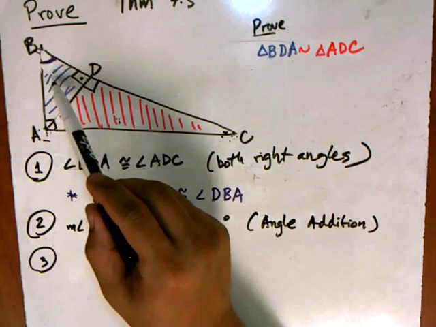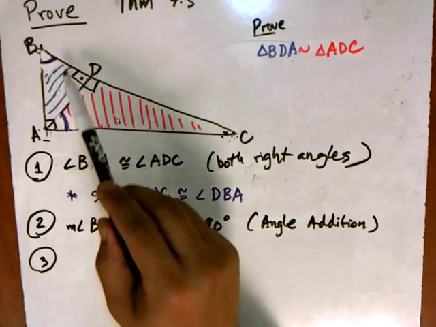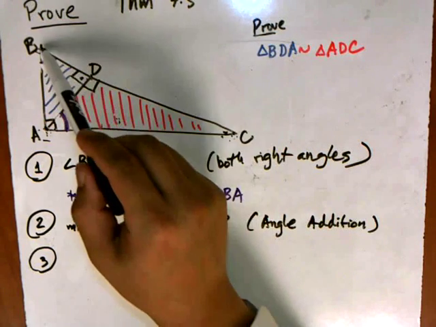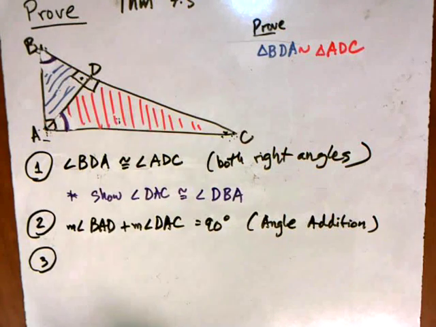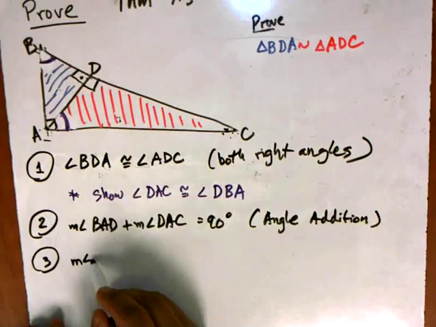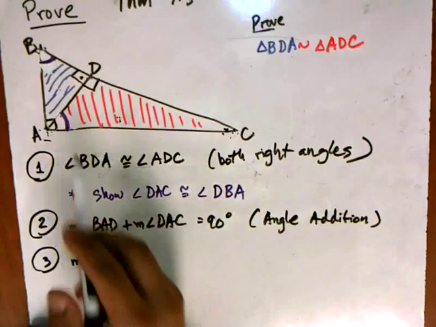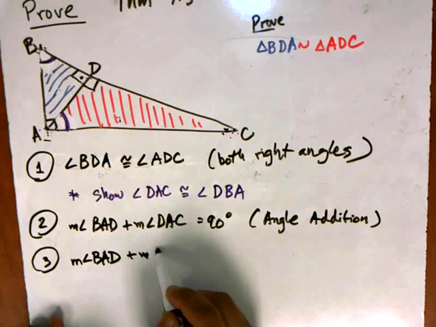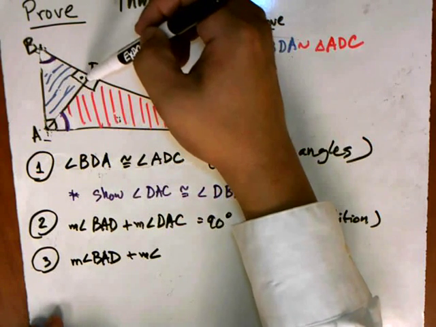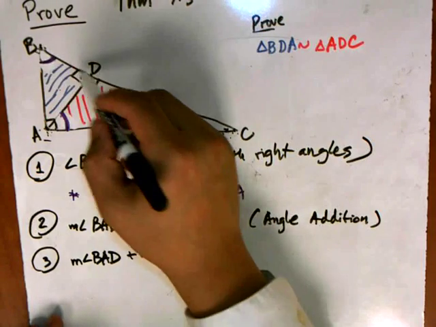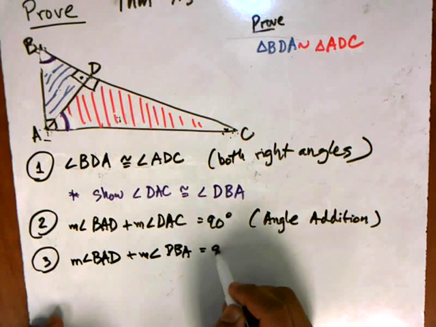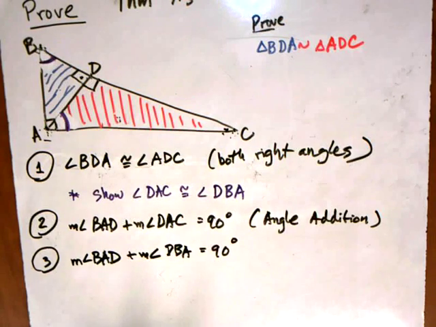Now looking at the blue triangle, you can see that I can say the measure of angle BAD, this one right here, and the measure of angle DBA, I'm sorry, DBA, also form 90 degrees.